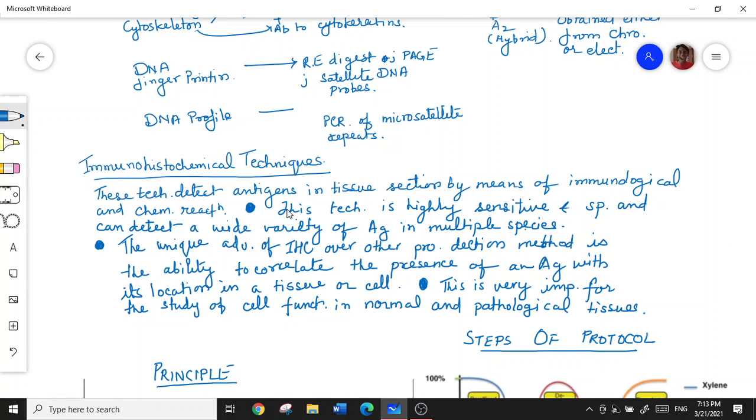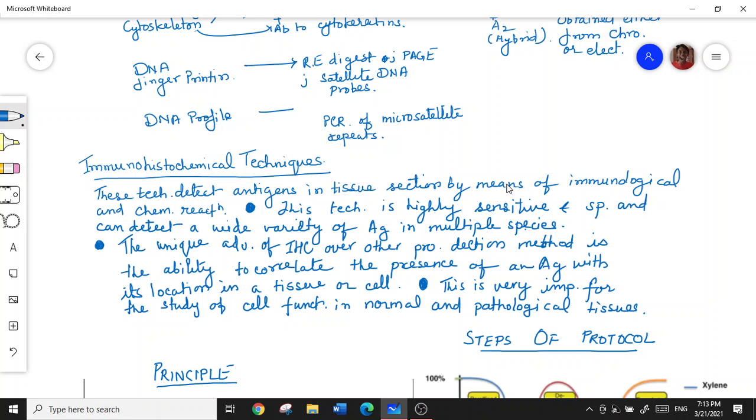These techniques detect antigens in tissue section by means of immunological and chemical reactions. This technique is highly sensitive and specific and can detect a wide variety of antigens in multiple species.